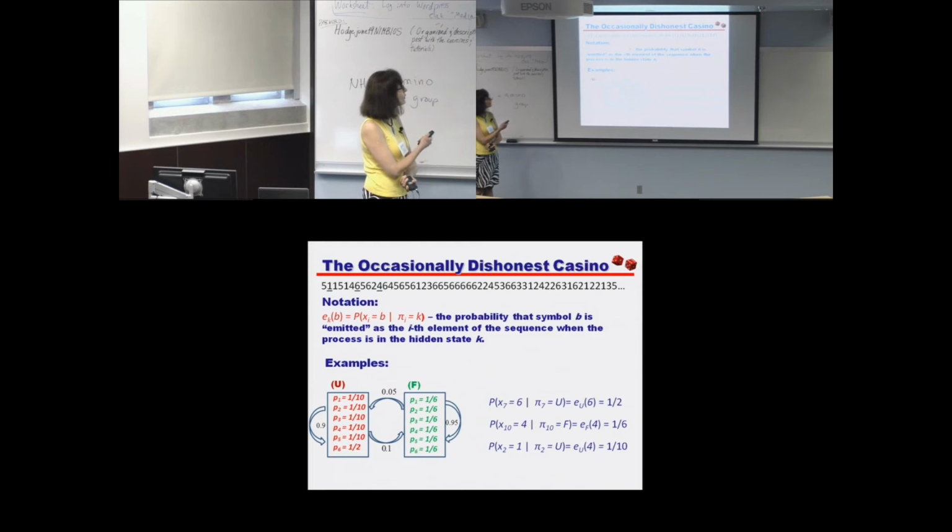So this is the 7th place here, and I want to know what the probability of emitting a 6 there will be if I have used the unfair die. And then in the same way, what the probability of rolling a 4 on the 10th roll is if I'm using the fair die. And that's going to be 1/6. Okay.